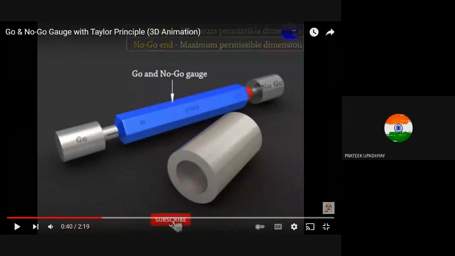Excuse me, sir. We are checking the limits of the hole or the shaft from this go and no go gauge? Hole. See, I'm going to make this go and no go gauge specially for the dimension which is being mass produced. And the dimension which is being mass produced over here is the cylindrical object which has got the internal diameter.